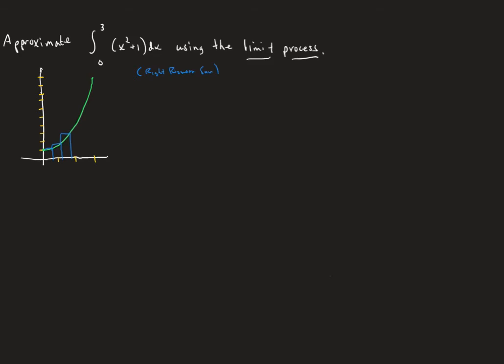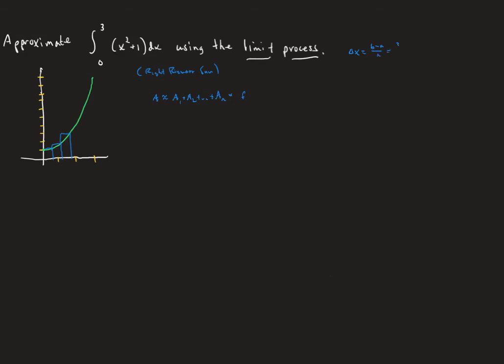So, I bumped that with my left hand. We're going to say that our integral, our area, is going to be approximately the sum of these n rectangles. Our delta x, we're going to take b minus a over n.